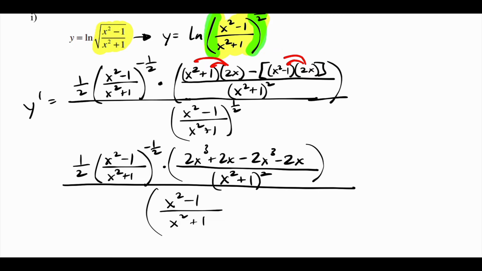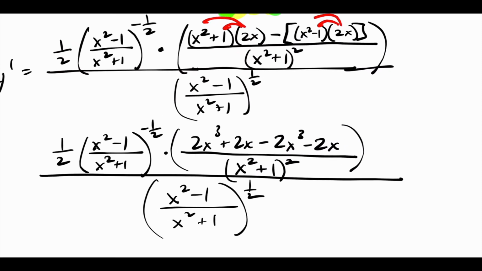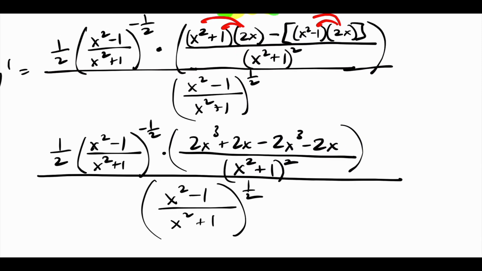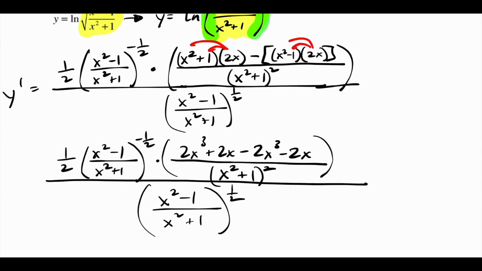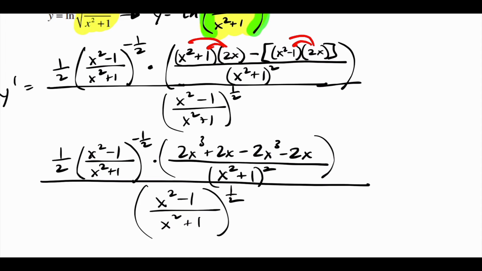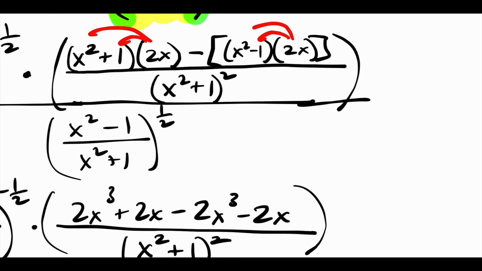Plus 1. Uh-huh. Let's see. Yes, you're right. I skipped that step. That's what it was. Something wasn't making sense to me. Thank you. So yeah, there's a negative out here. So when I distribute this guy, that's going to be negative here.